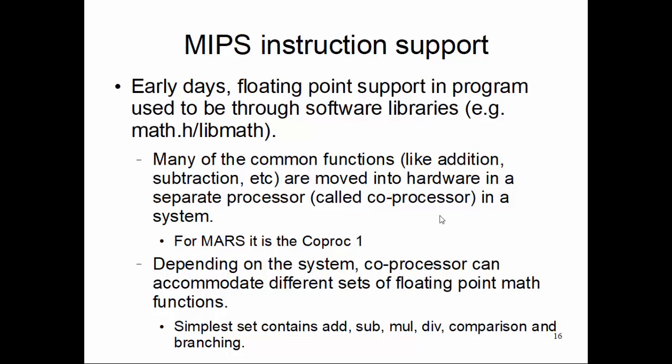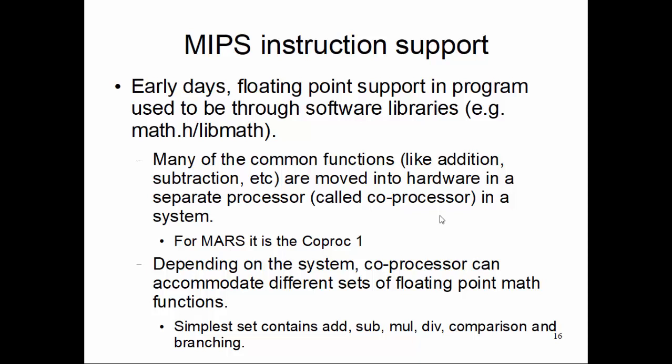But since then, technology has evolved, and we can push more and more functionality onto the hardware. Common functions are mapped into the hardware, so that just like you do an integer arithmetic operation through the hardware, it also does arithmetic operations on floating point values directly through the hardware, and they call it a coprocessor.